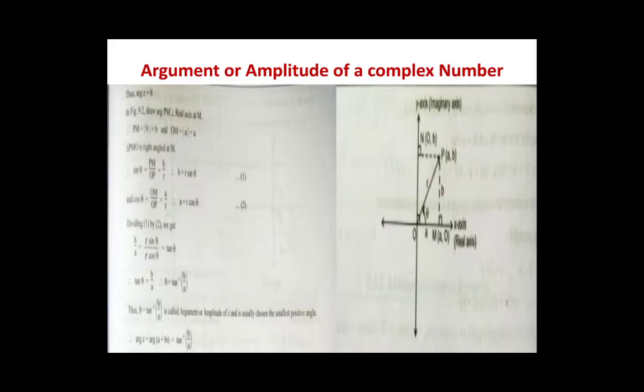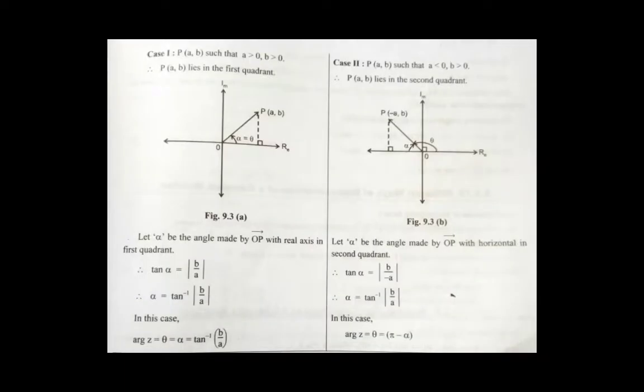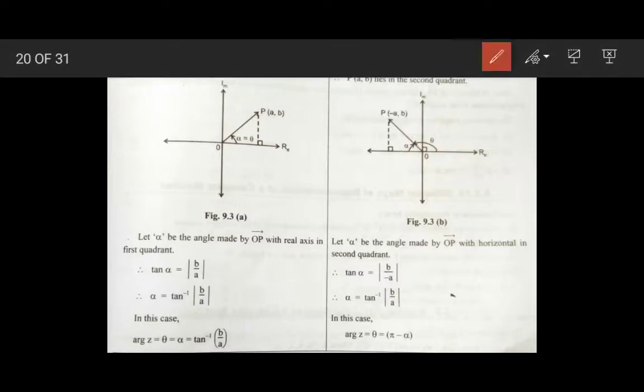But we can't directly find this theta using tan theta, because from the quadrant we get a different value. So there are 4 cases. In case 1, A and B both are positive. If A and B both are positive numbers, then this point P lies in the first quadrant.